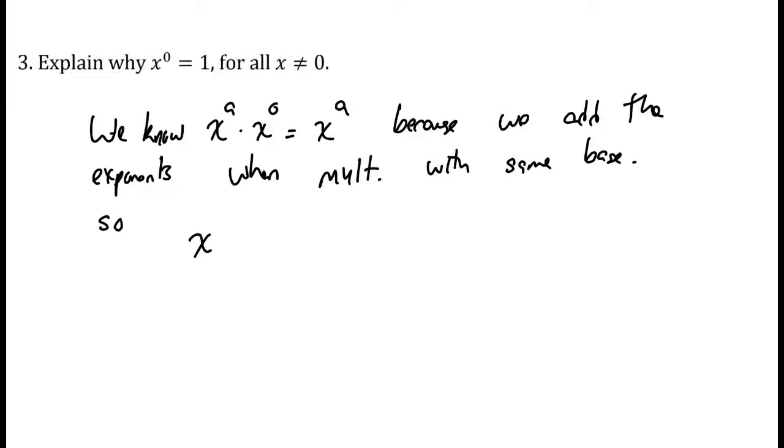So x to the a times x to the 0 needs to give us x to the a. X to the a times 1 gives us x to the a.